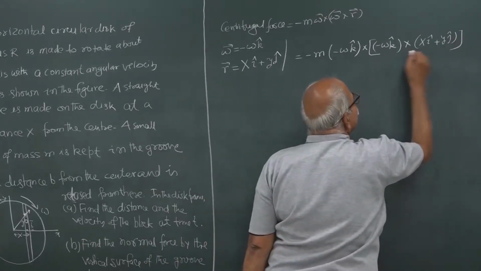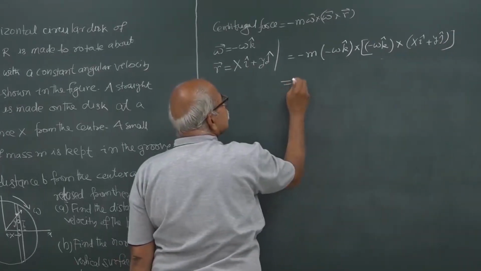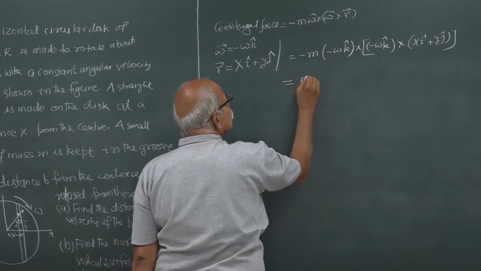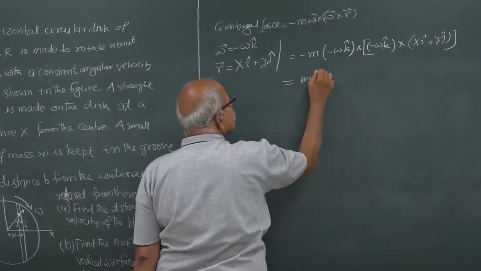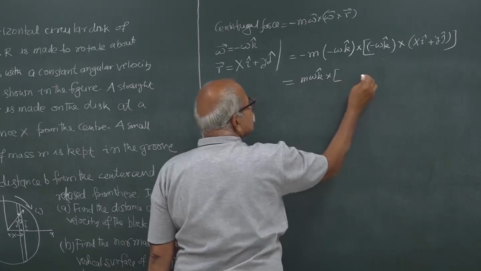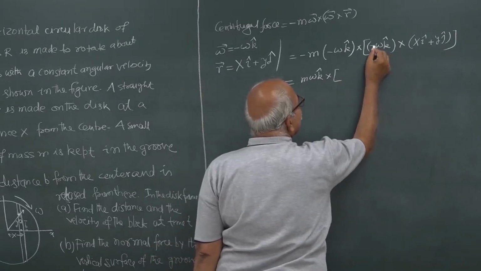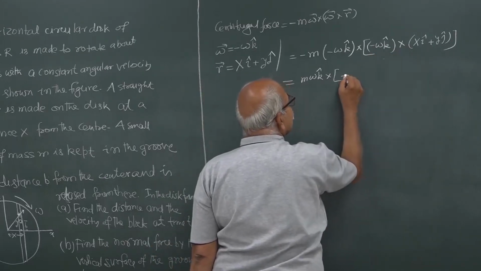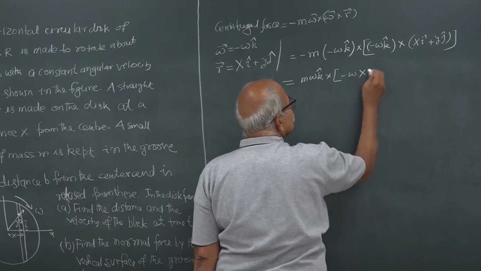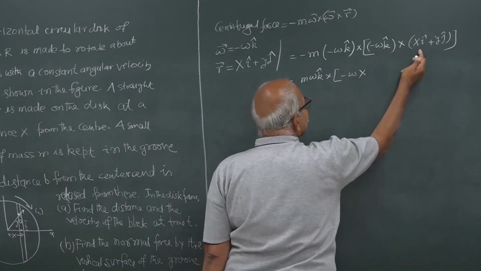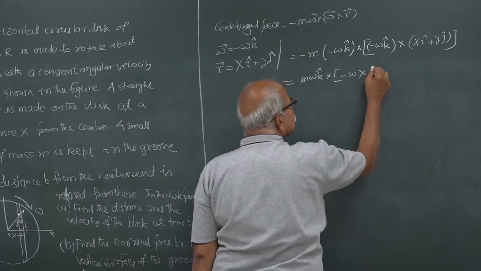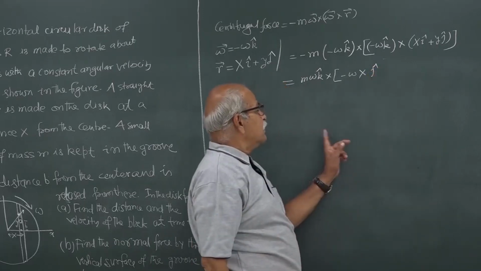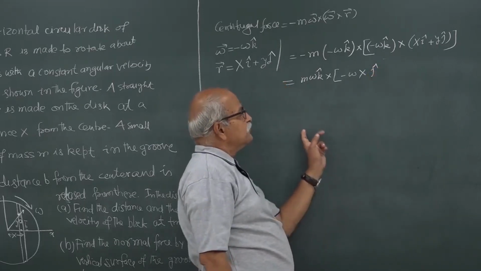And then you first evaluate this. This is m omega k cap cross. Now, here this is minus omega X. So, minus omega capital X, k cap cross i cap will be j cap. So, it is i j k, so k cross i will be j.